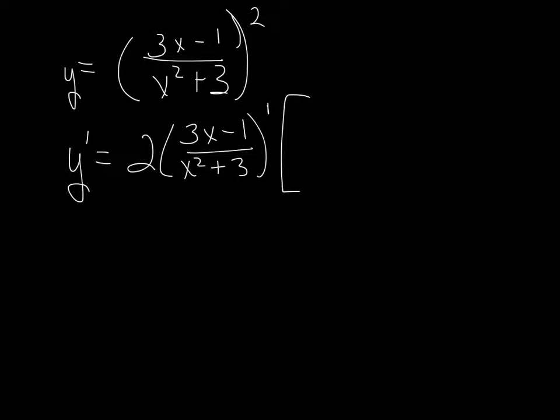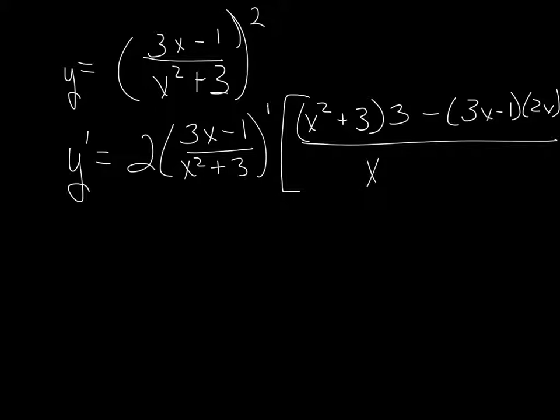All right, so the quotient rule is the denominator times the derivative of the numerator minus the numerator times the derivative of the denominator, over the denominator squared. Right. It's really not as bad as it might look.